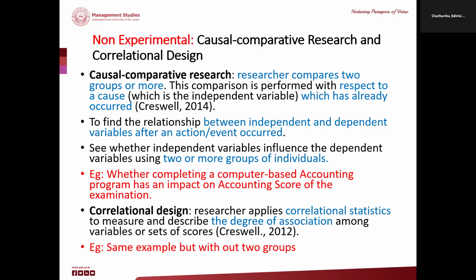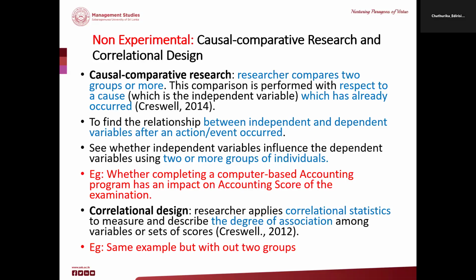Here you can see whether the independent variables influence the dependent variables using two or more groups of individuals. So you are comparing, and we call it causal comparative research. For example, whether completing a computer-based accounting program has an impact on accounting scores in the examination. If you are investigating utilizing two or more groups, we call it causal comparative research.